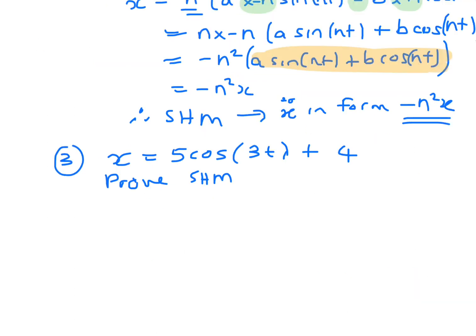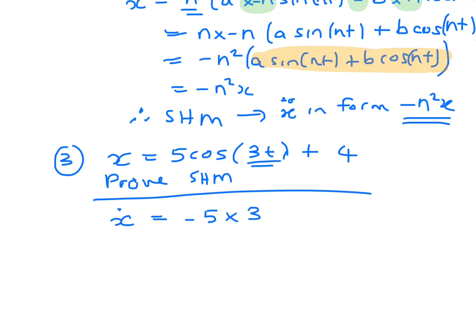Okay, so if we look at x equals 5 cos 3t plus 4, to show that that is in simple harmonic motion, you differentiate once. The cos will go to minus sine, so it's 5 with a minus, and 3, because that's the derivative of what's inside, sine 3t, and the 4 will go to 0.